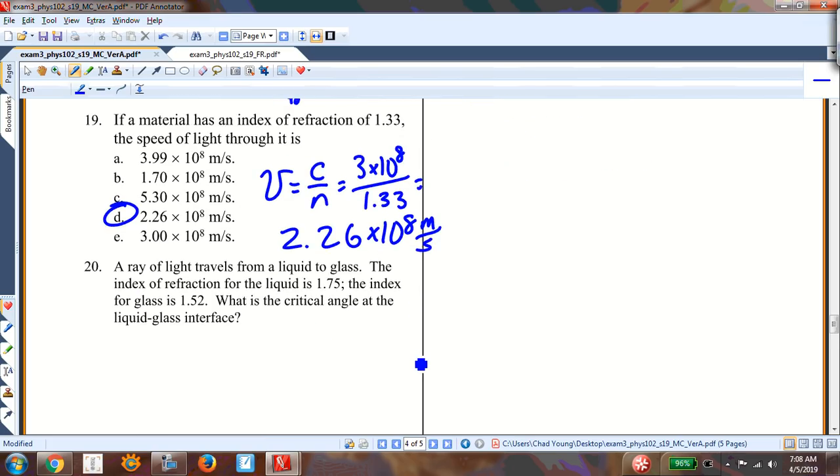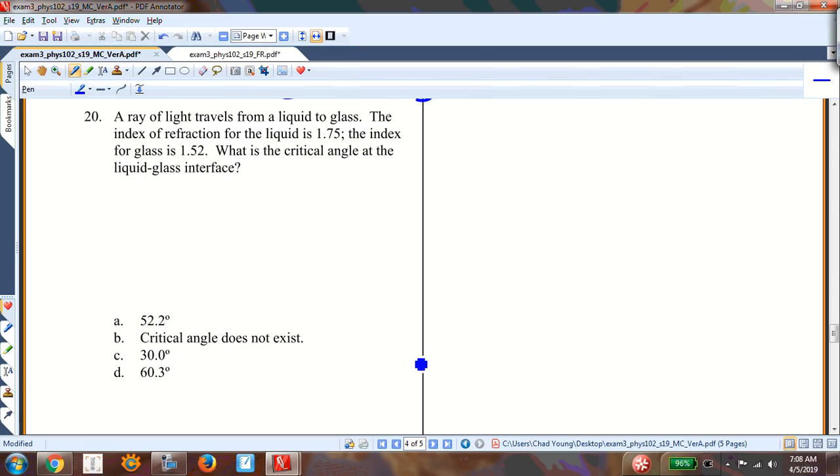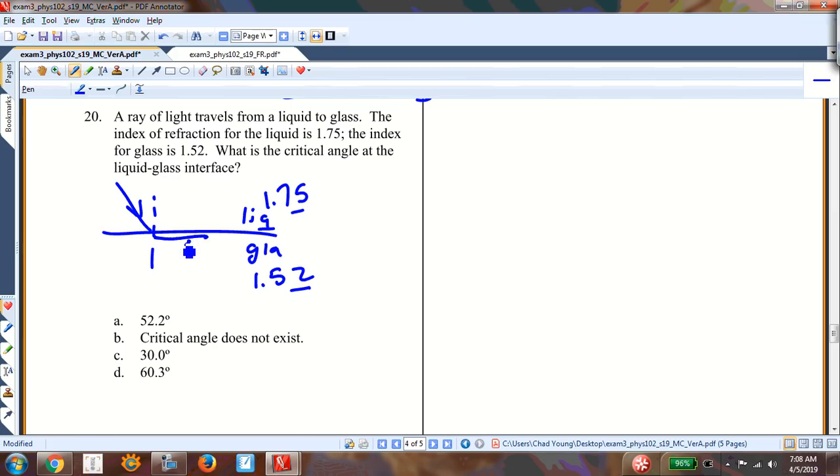A ray of light travels from liquid to glass. The index of refraction of the liquid is 1.75, glass 1.52. What is the critical angle at the liquid-glass interface? So first of all, I'm moving from a high to a low, so I can get total internal reflection, but I want it to be such that this angle is equal to 90 degrees, and this will be my critical angle.